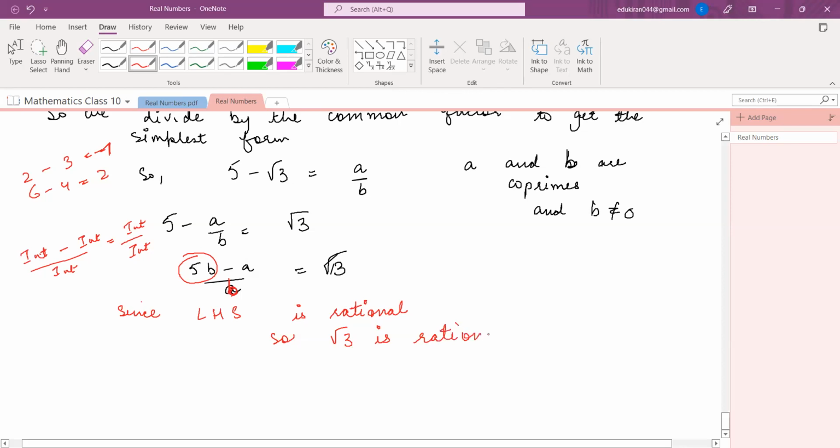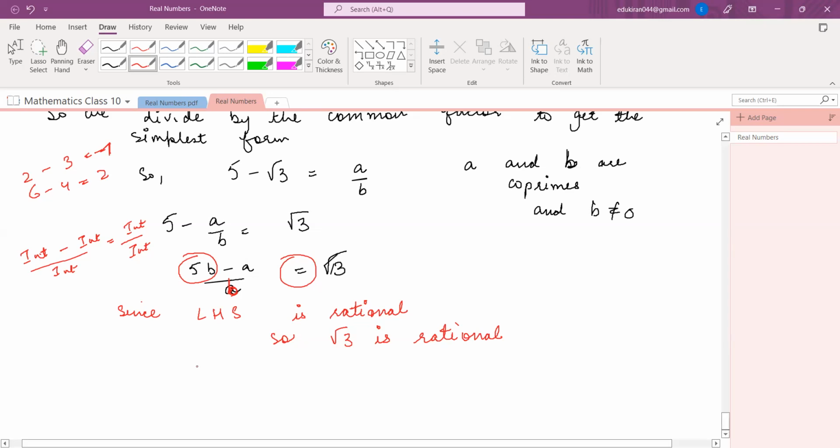When LHS is equal to RHS, if you have a rational quantity on the left hand side, obviously you have a rational quantity on the right hand side. That is why you have an equal to sign. So this equation is telling me that my left hand side is rational, so obviously root 3 is rational.